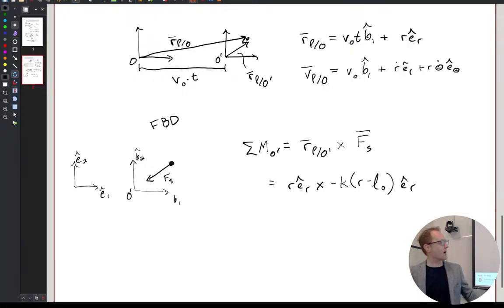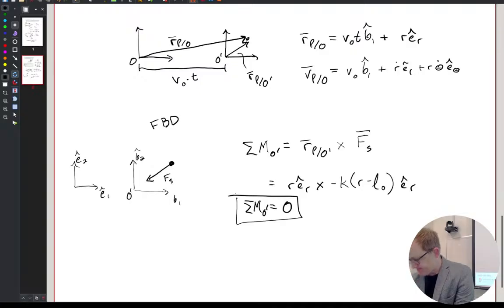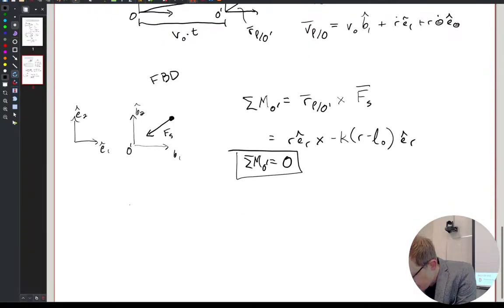So no matter how big R and KR are, ER cross ER is always 0. So the sum of the moments has to be 0 around O prime. Cool.